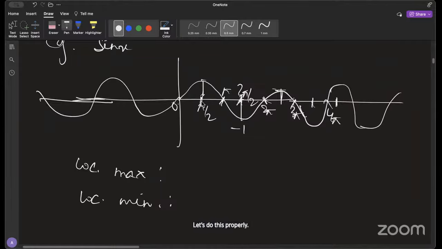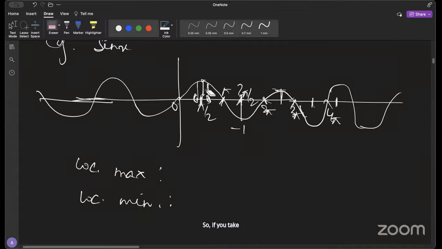Let's take pi by 2 and an interval. You can choose any interval, but the condition is to choose one interval such that all the heights in this interval are less than the height at the point you're claiming to be the local maxima.